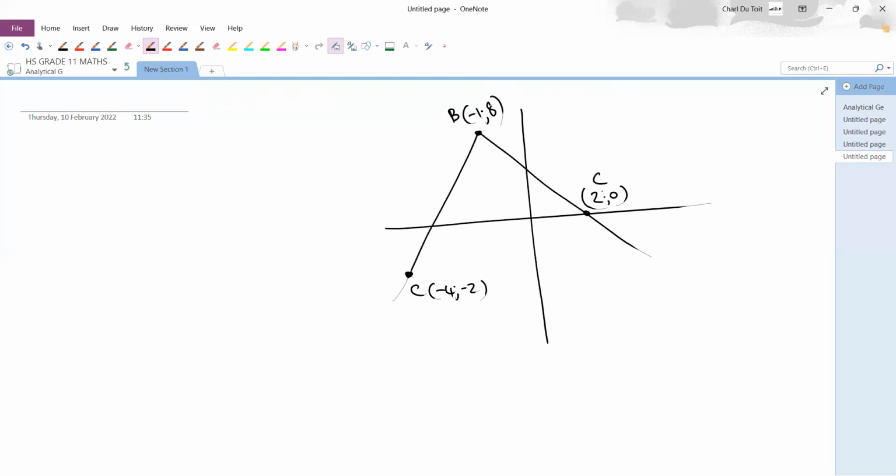I've got three coordinates there, A, B, and C. So I'm going to move the C so I can write it there. Right. I want you to find the angle theta. Make that drawing. Find the angle theta.